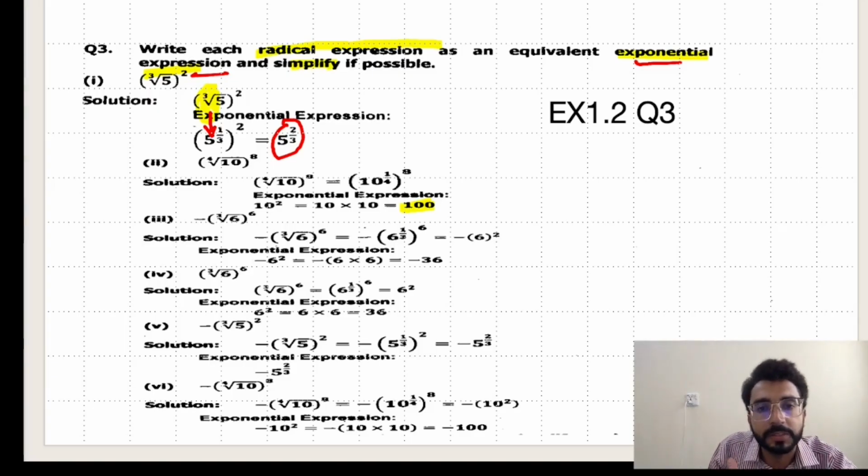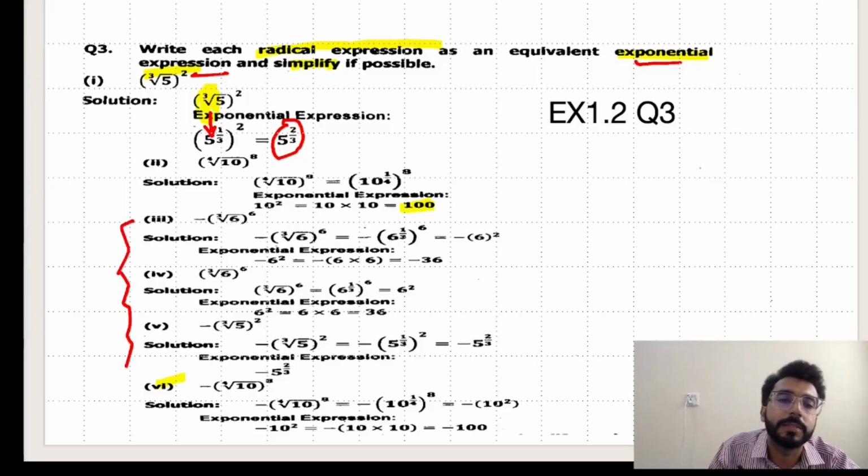You just write the negative sign in each step. Don't do anything else. Questions 3, 4, 5, 6 all use the same method.